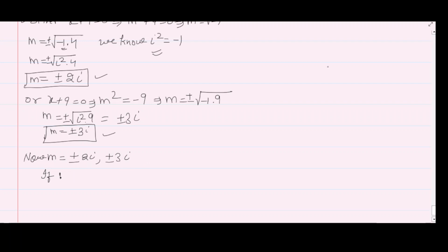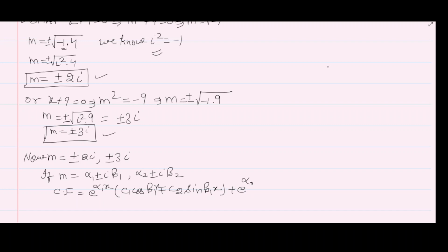You all know that if the value of m is of the form alpha 1 plus minus i beta 1, okay, and alpha 2 plus minus i beta 2, in that case the complementary function can be written as e to the power alpha 1 x, c1 cos beta 1 x plus c2 sin beta 1 x, plus e to the power alpha 2 x.